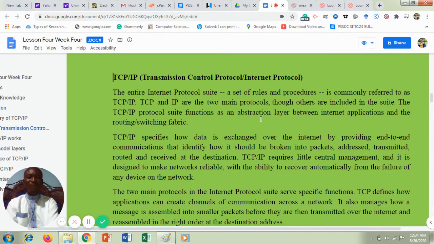It is a separation between the internet application and the switches which are needed to aid the communication. When we talk about TCP/IP, we talk about how data is exchanged over the internet by providing end-to-end communication that identifies how it should be broken into packets, addressed, transmitted, routed, and received at the destination.